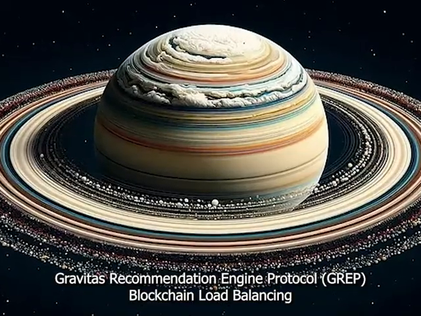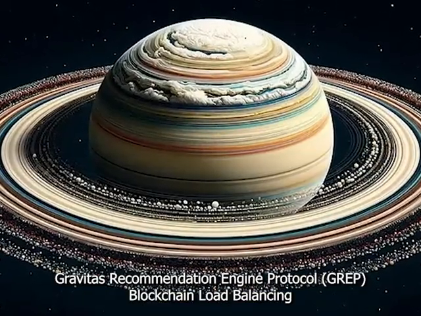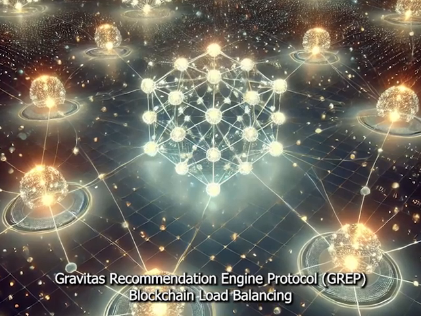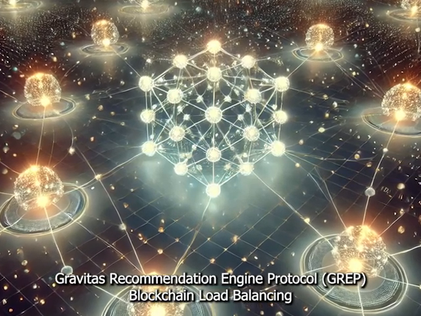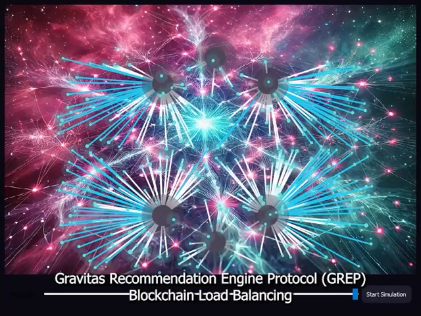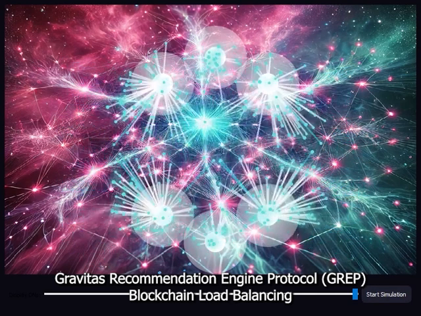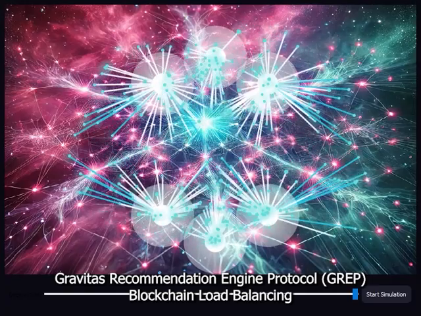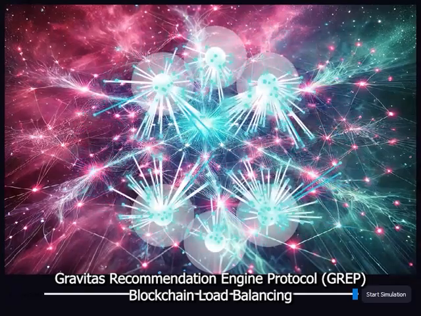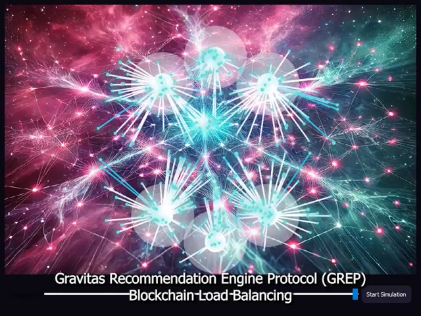GREP ensures that blockchain workloads are evenly distributed across validators, preventing overloading and improving overall network performance. 2. Optimized resource allocation. By dynamically matching workloads to validators based on real-time attributes, GREP maximizes resource utilization and minimizes latency. 3.